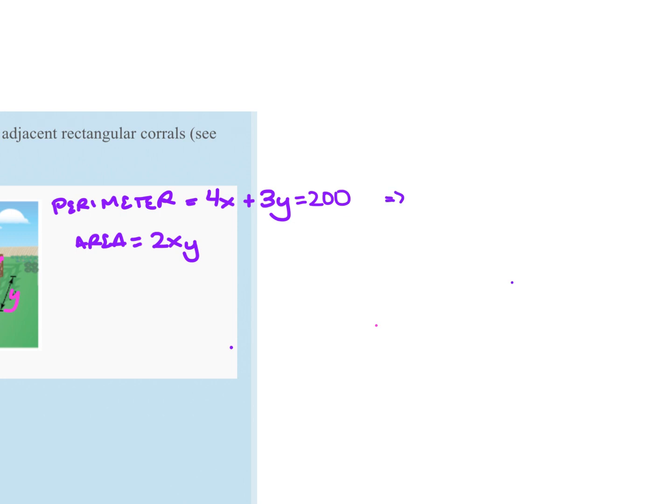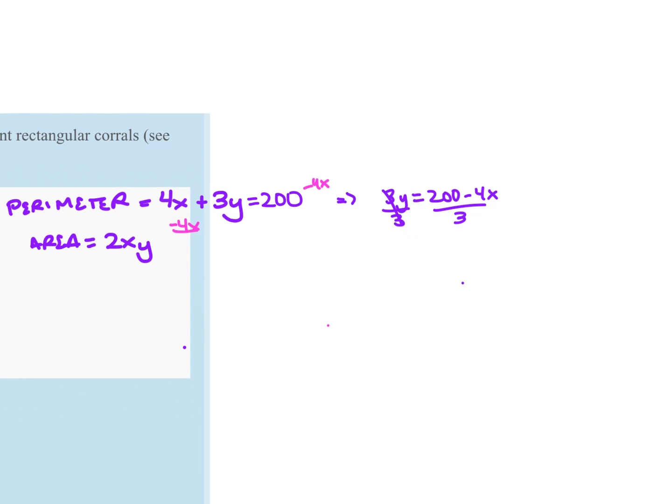So I'm going to subtract 4x from both sides. So we have 3y equals 200 minus 4x, and then we'll divide by 3. So y equals 200 minus 4x over 3.